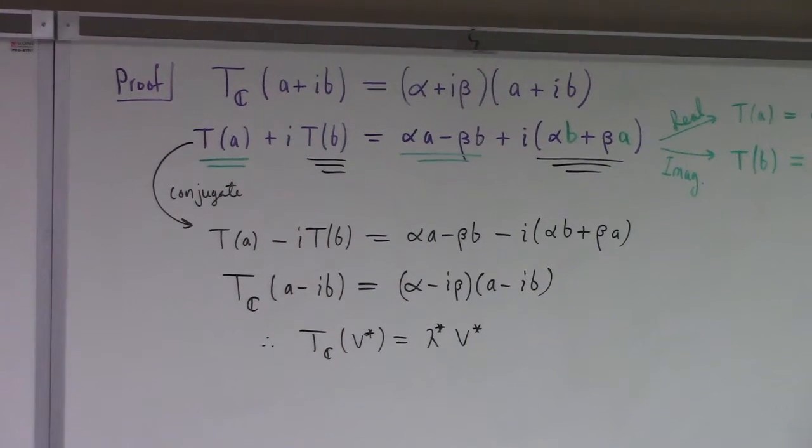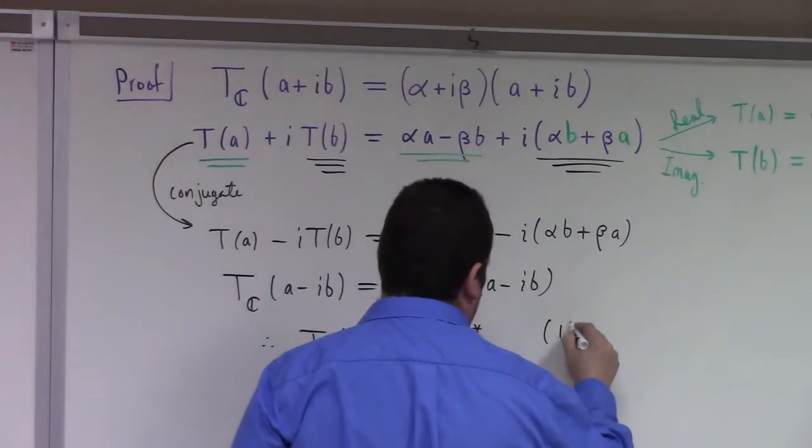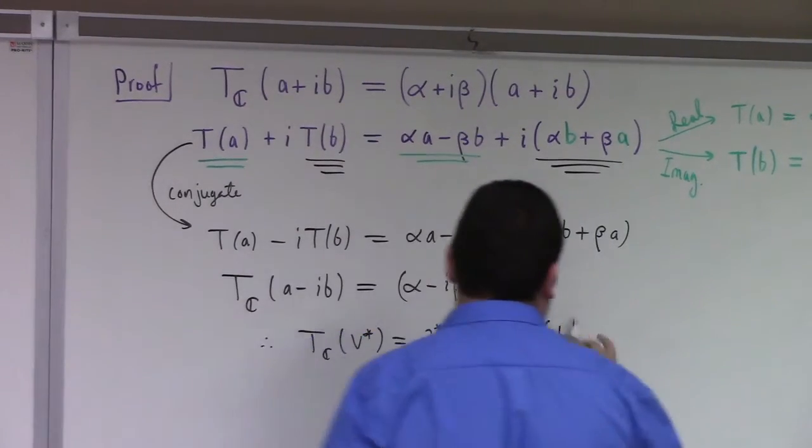Which goes to show you number 1. The conjugate eigenvalue is also an eigenvalue of the complexification, and the eigenvector is simply the complex conjugate of the original eigenvector. All right, so that's number 1. 1 is done.